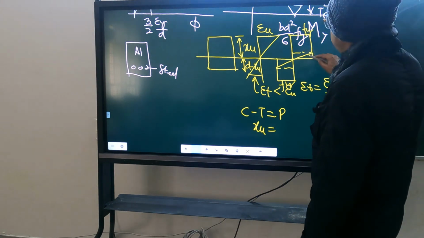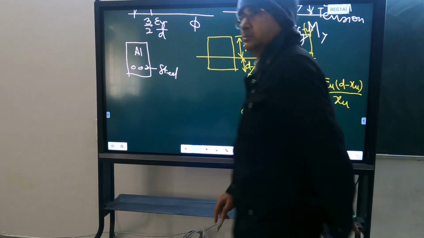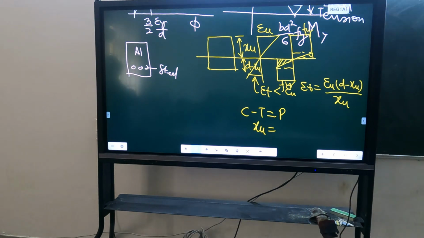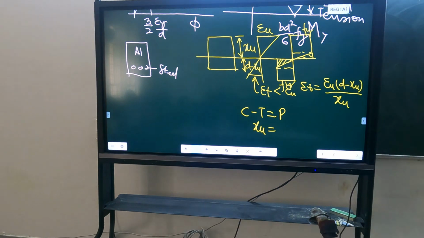So this is the additional area we have added. At large strain in extreme fiber, this added area is small and the contribution in bending moment is even smaller. It is making less error in bending moment.